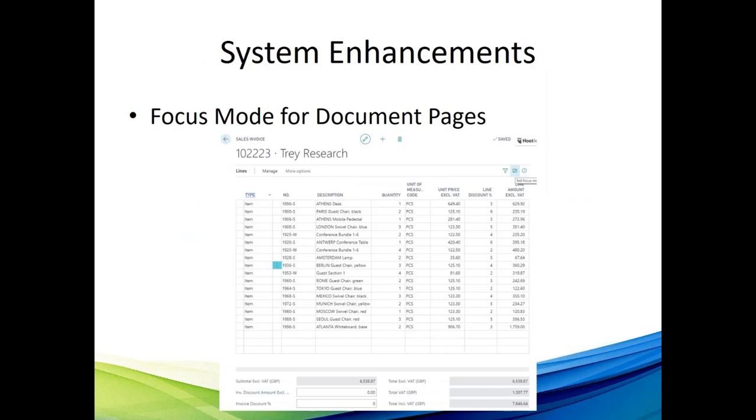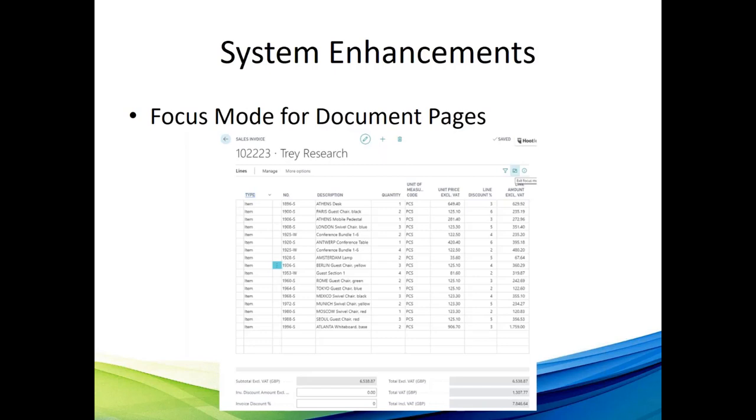So our system enhancements. So now we're kind of talking about the base application in this case. So there's a new focus mode for document pages. So what we can use is a Control-Shift F12. And so there's a shortcut key for it too.